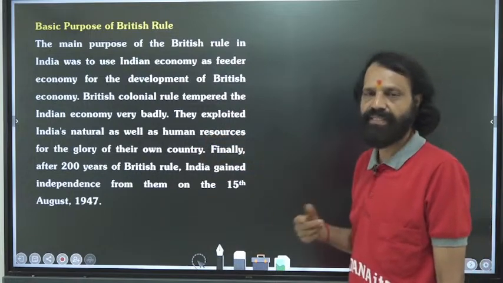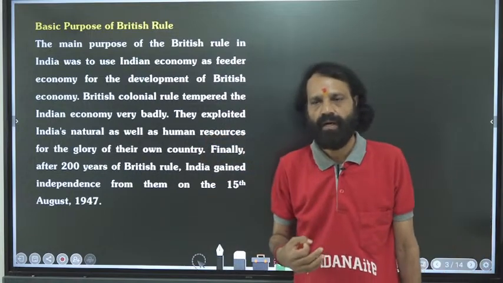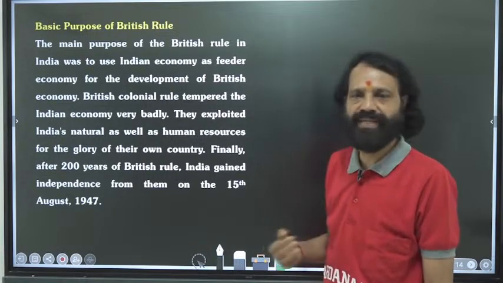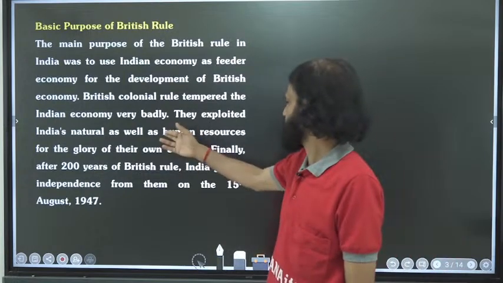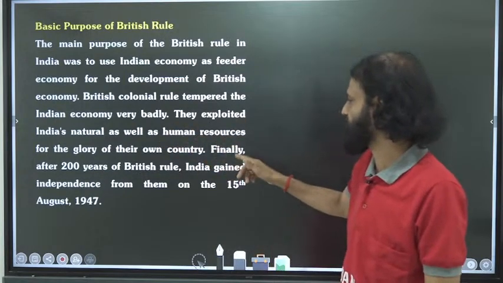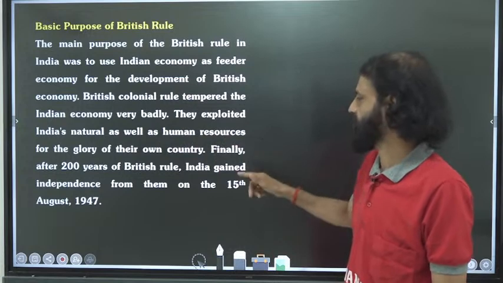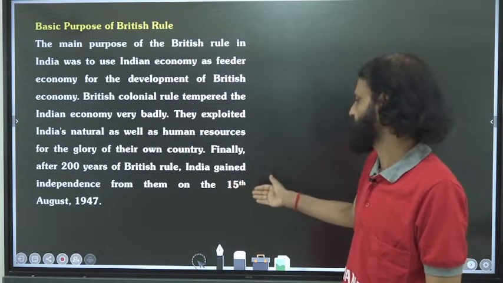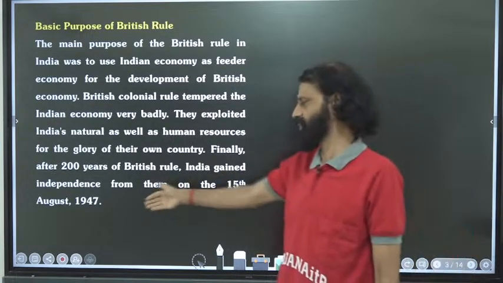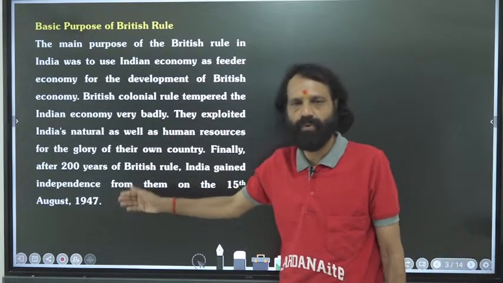They looted and plundered India's wealth to their country. They exploited India's natural as well as human resources for the glory of their own country. Finally, after 200 years of British rule, India gained independence from them on the 15th August 1947. This date you all know.